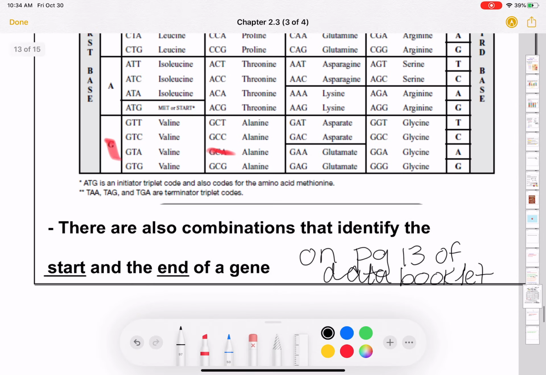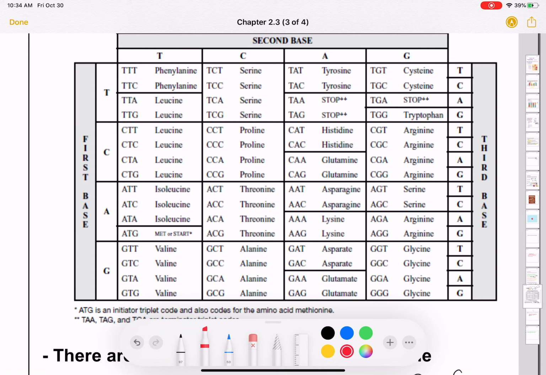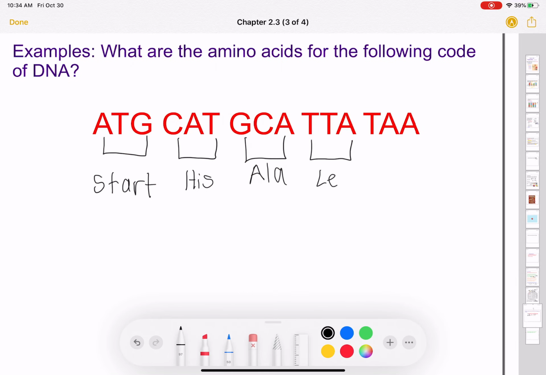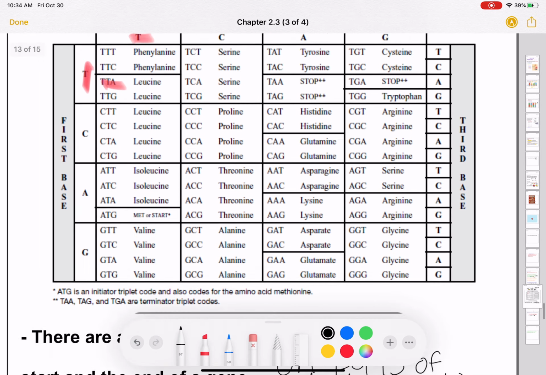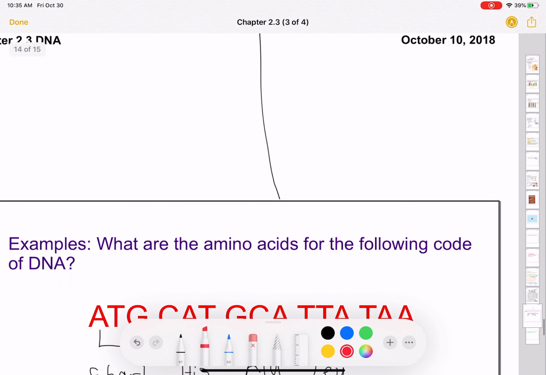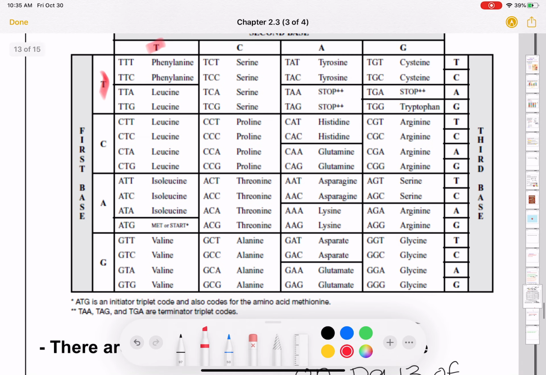TTA, TTA is leucine. And TAA, the last one, did I just do that? TAA, sorry. TAA is a stop.